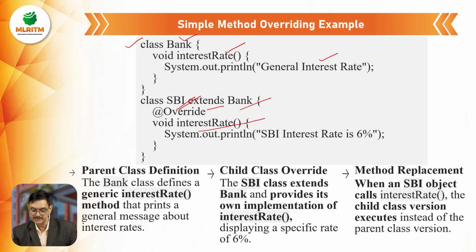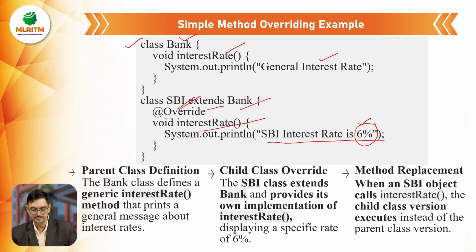But this time we included its specialized character: SBI interest rate is 6%. Previously, we did not mention any specific interest rate, whereas in this case it includes its own interest rate of 6%.